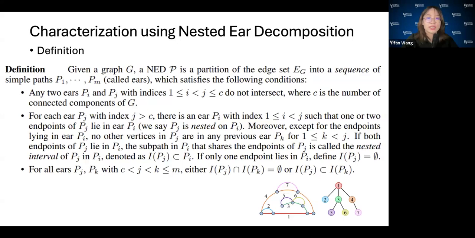These paths will satisfy three conditions. In this decomposition process, we link the structure of the graph to how it is represented by ears, that is, the sequence of edges forming the path, and it can also help us identify the substructures within the graph. And this figure shows a nested ear decomposition process of this given graph.